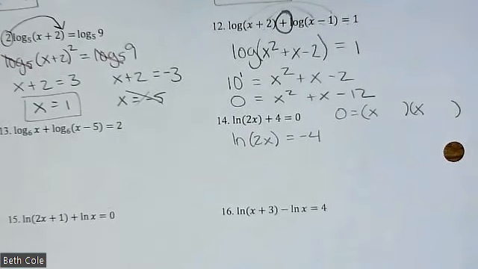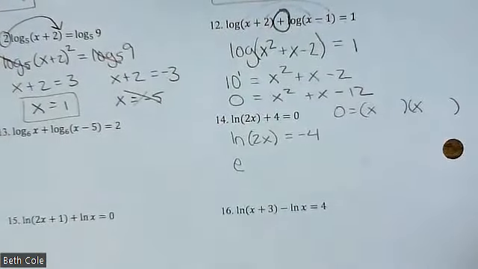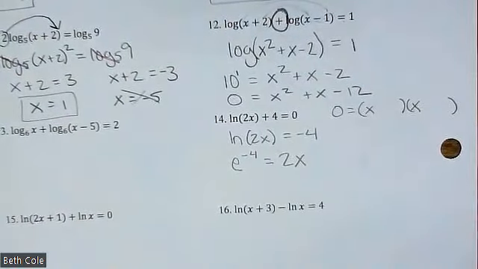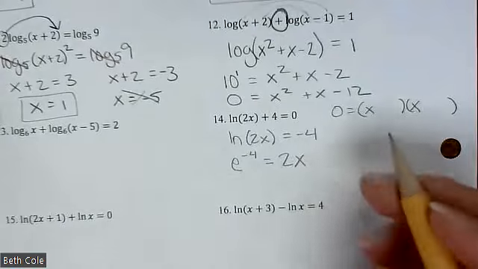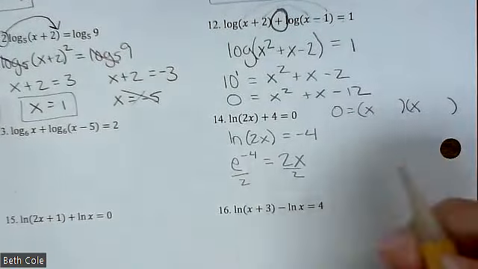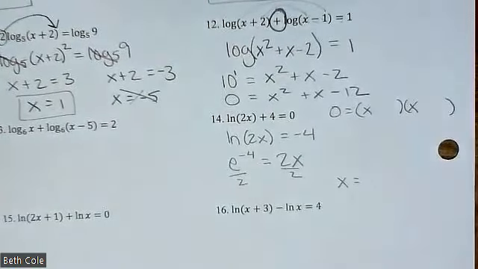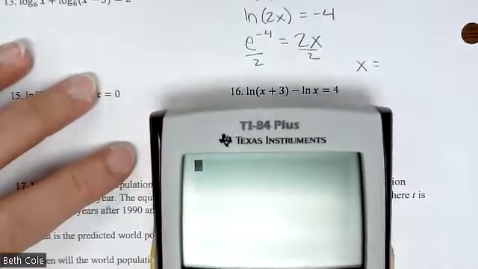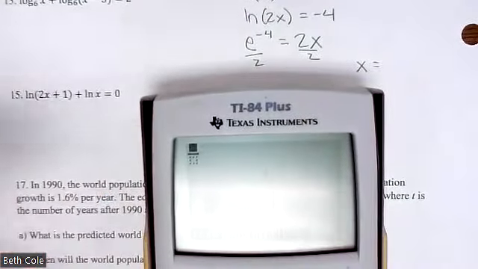What's the base? E. It's e to the power negative 4, good, equals 2x. And then your last step, divide by 2. Now that you're going to have to put in the calculator. So let's walk through that together. I would do the fancy fraction bar, alpha y equals.